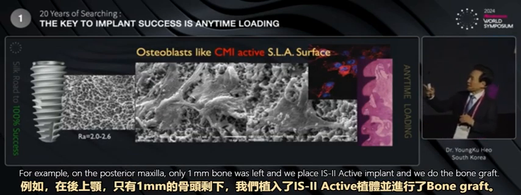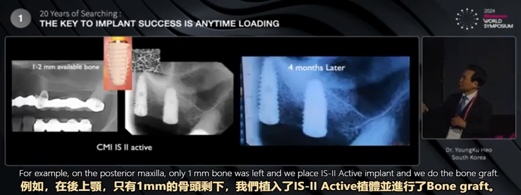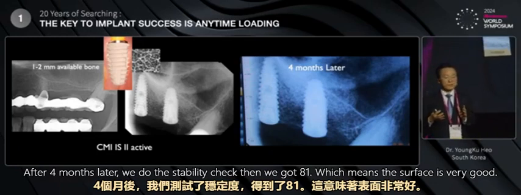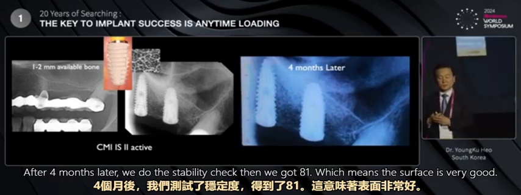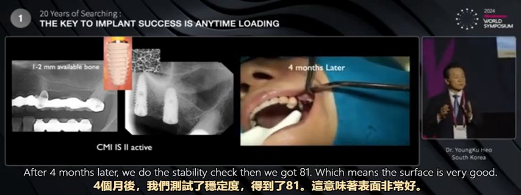For example, we placed that IS2 active in the posterior maxilla here, only 1 millimeter left here, we place the implant, and we do the bone graft. After 4 months later, see here, we do the stability check, we got 81, which means the surface is very good.